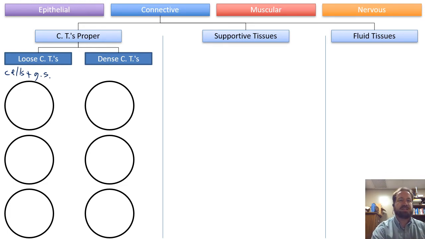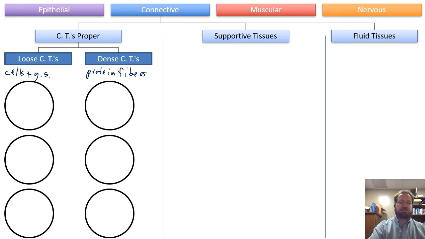They are mostly protein fibers, okay? So our loose connective tissues are going to be looser. They're going to have more soft stuff like cells and ground substance. Dense connective tissues are going to have more of the hard, rigid protein fiber stuff. Okay.